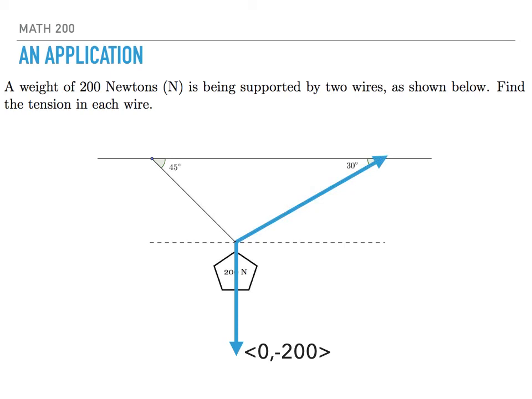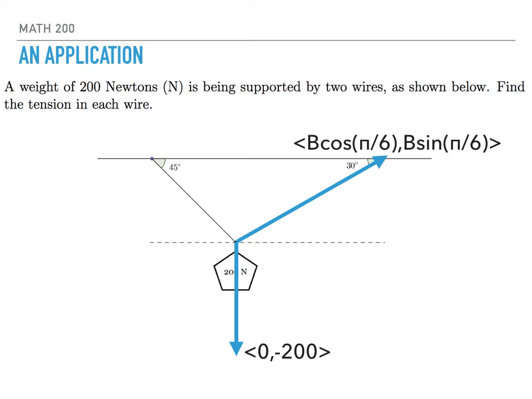Then I've got a vector pulling in the right direction. Before I reveal the next thing, maybe pause and see if you could figure out what the components should be. If the tension on that wire is B, then the x component is B cosine of pi over 6, and the y component is B sine of pi over 6.